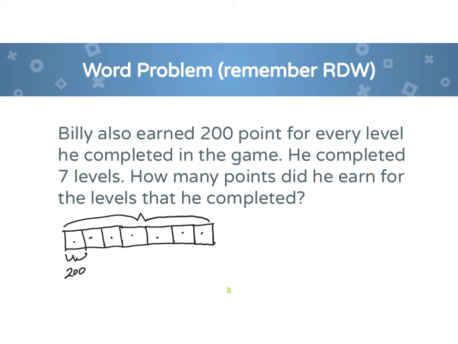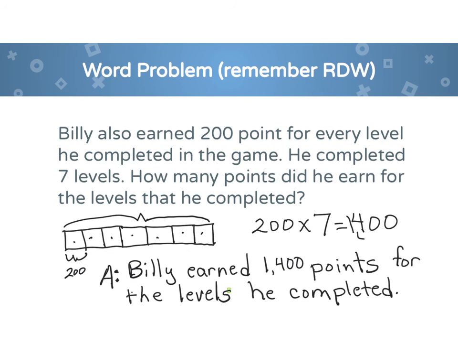So we could write that out as 200 times 7. And we know that 7 times 2 is equal to 14 and 14 hundreds. So that would be 1,400. So how would I write that as a number sentence? I would write it this way. Billy earned 1,400 points for the levels he completed.